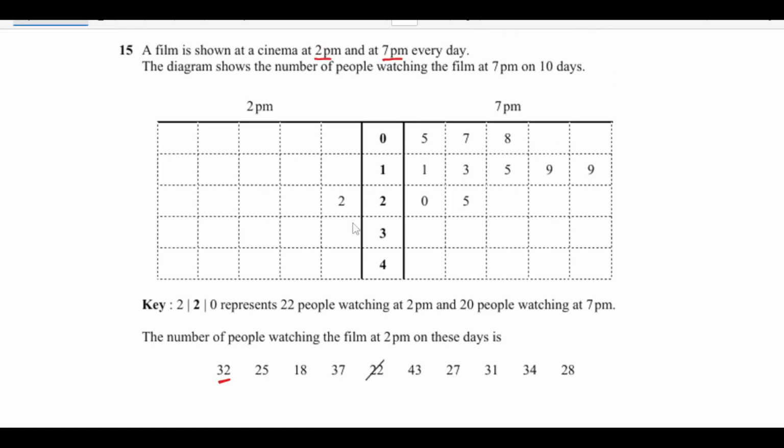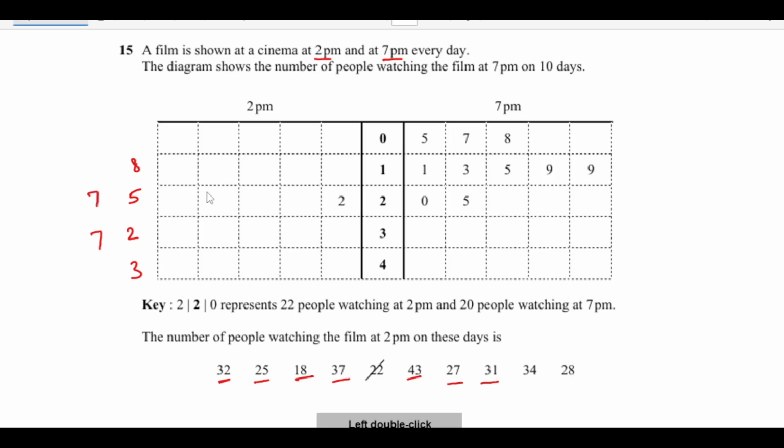Now in a stem and leaf diagram, these numbers should be in order, so I will just put them aside first. 32 is going to come here in the 2 row. 25 is in this. Then 18, this is one column, the 8 I will write here. Then 37 will come again in the 3 row. 22 is done. 43 is here. 27 comes here.